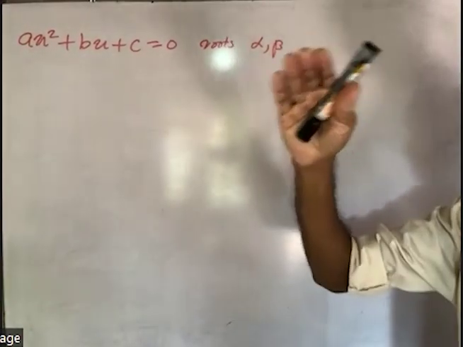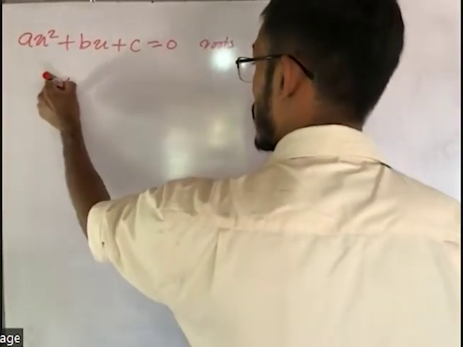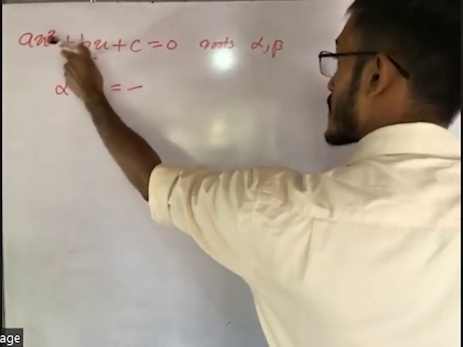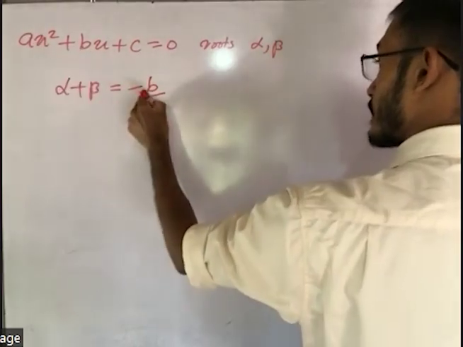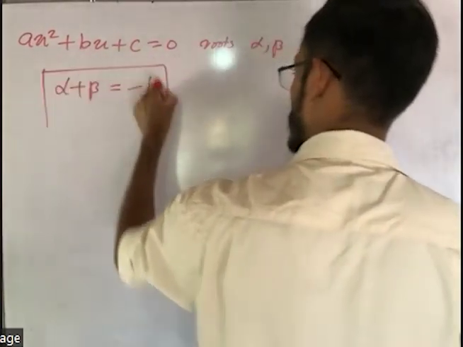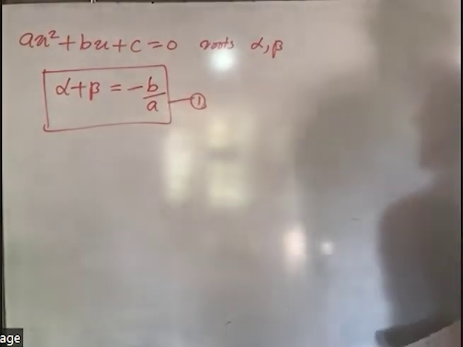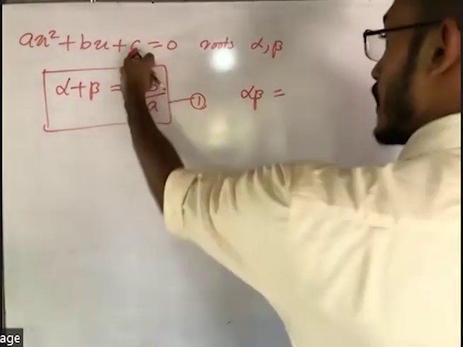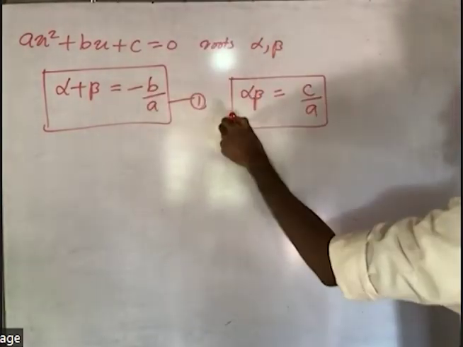Now we can write down the sum of roots directly, alpha plus beta, that is equal to negative coefficient of x term, b, over coefficient of x square, a. So this is the first result, number one. Second one, product of roots alpha beta, that is equal to constant term c over a. This is the second result.